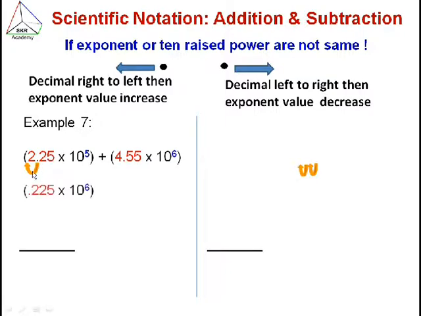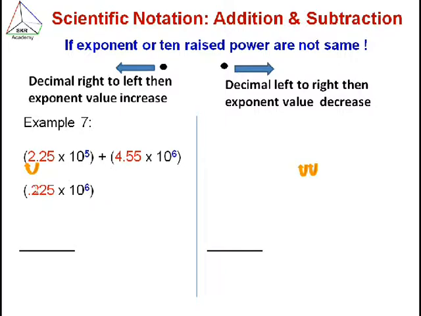We will move this decimal point one place left, so the coefficient becomes 0.225, and the number becomes 0.225 times 10 to the power 6. Because we moved the decimal one place to the left, the power increases by one, from 10 to the power 5 to 10 to the power 6.